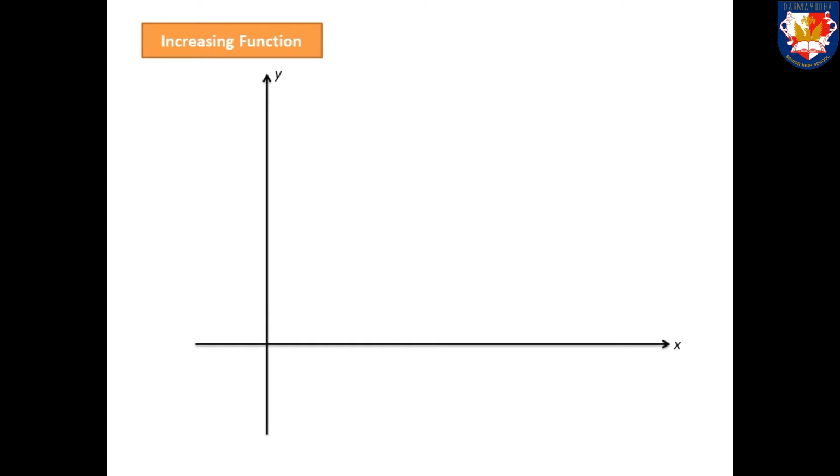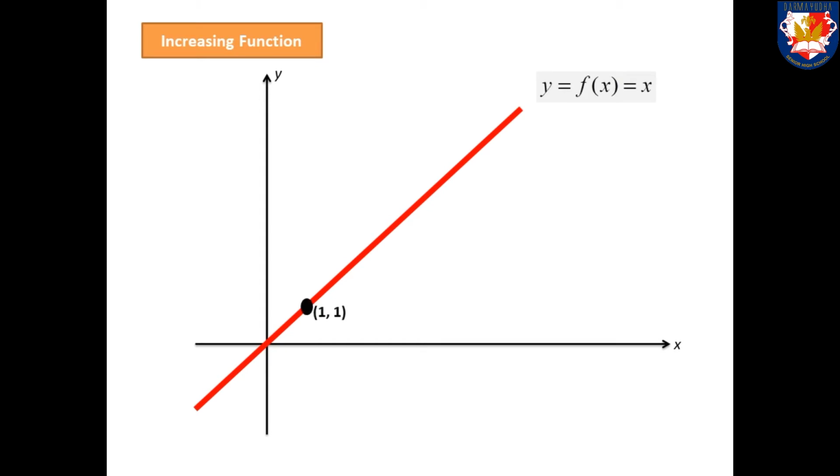Take a look at this illustration. We have a Cartesian diagram with the graph of y equals f(x) equals x. Take 2 points on the graph. The first one is (1, 1) and the second one is (3, 3). So here we have x1 equals 1, y1 equals 1 and x2 equals 3, y2 equals 3.